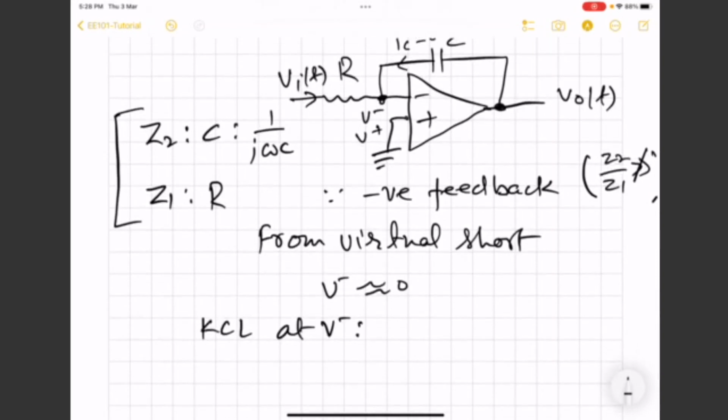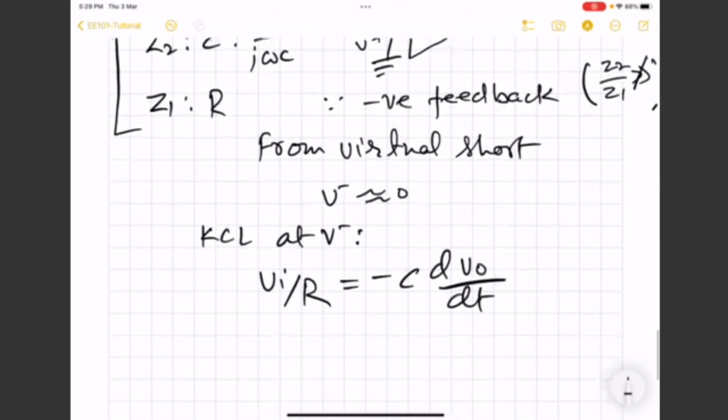We will have the current going towards the V minus node as Vi divided by R, and the current coming from the capacitor to V minus is going to be C dVo by dt. So here we see that dVo is equal to minus 1 by RC Vi dt.